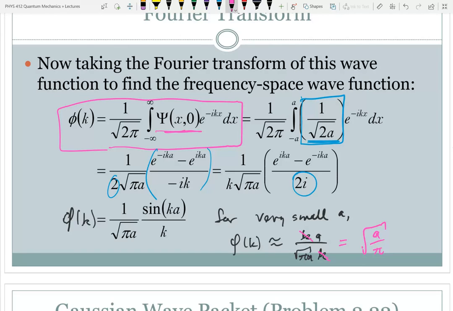And what do we have for the phase space solution? Well, the phase space solution is going to be just a constant. We have an even amount of all of the different possible wave numbers, which means that since momentum was proportional to k, we have no idea what the momentum is. It's equally probable at all momenta.